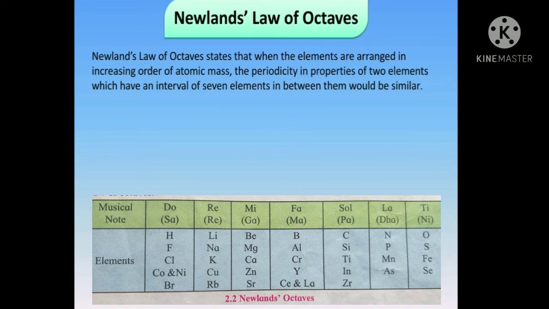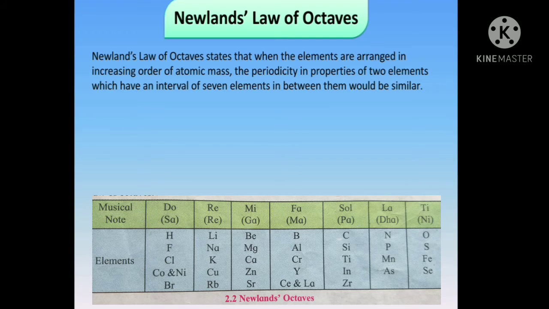He didn't go for the average, or for the triads. Whatever elements were found at that time, he arranged all of them according to their atomic masses, and he wrote them like musical notes.